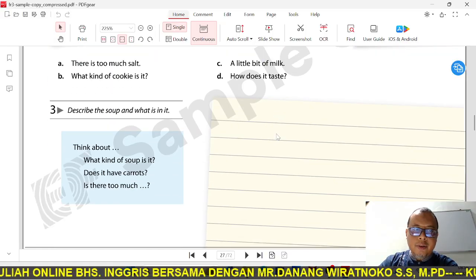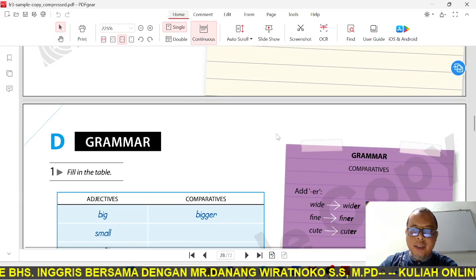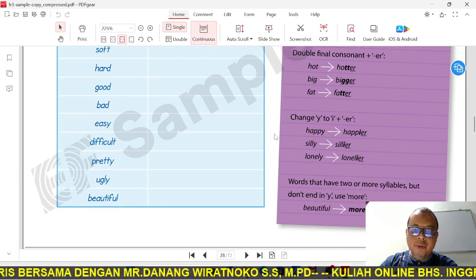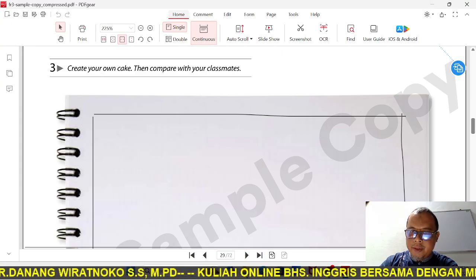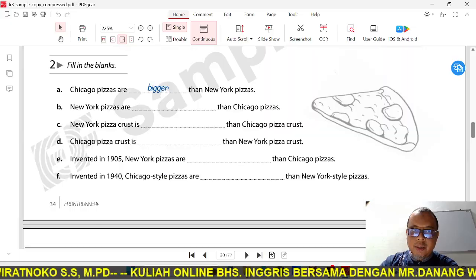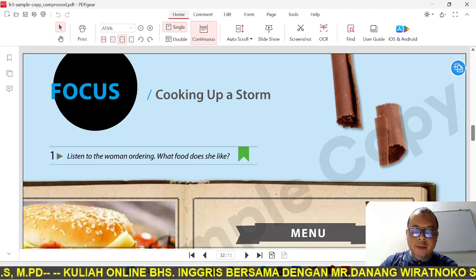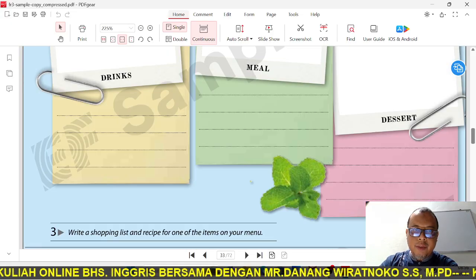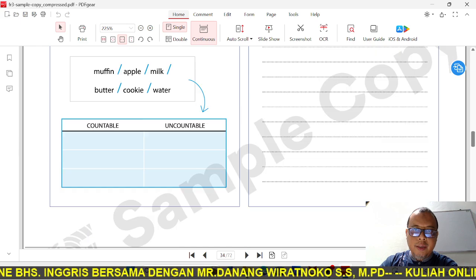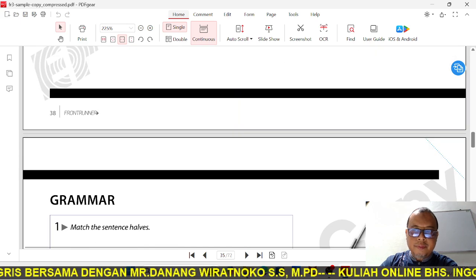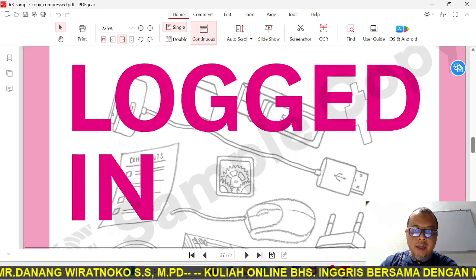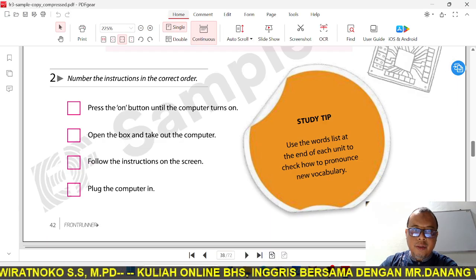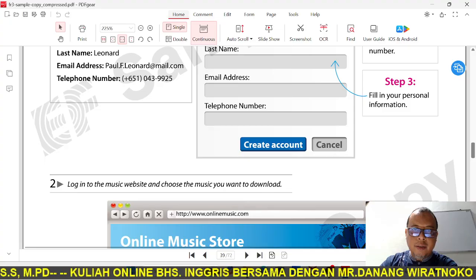And then the grammar of this unit is about comparative, and also the next unit, focusing on that one recipe. Oh, countable and uncountable. And then Unit 4 is about the grammar.